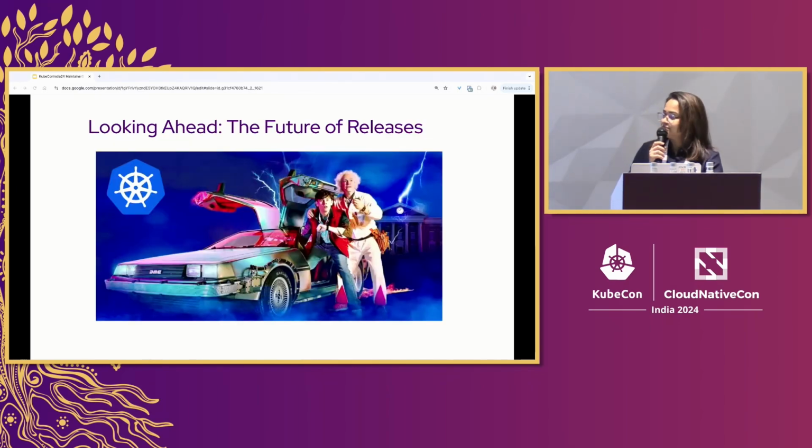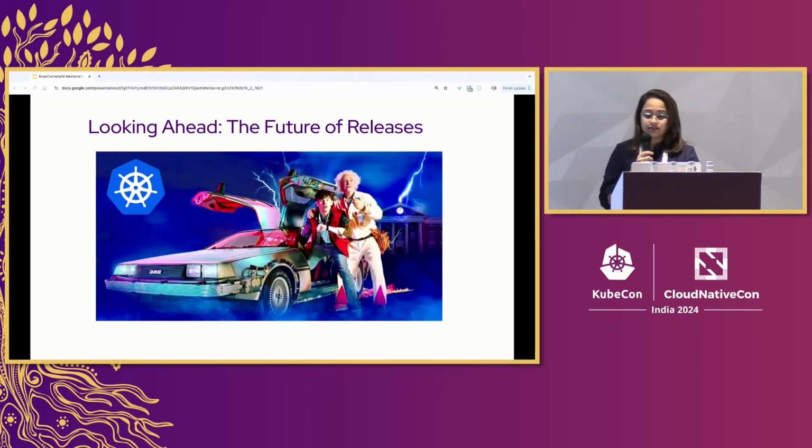Okay, it was very quick. So the future brings increased intelligence in automation. AI might help identify a few problematic tests before they cause any issues. As we go ahead with the AI evolution, we are trying to adopt that into the release processes as well.